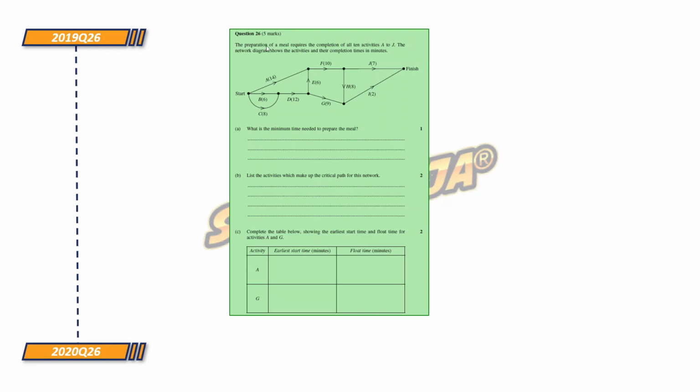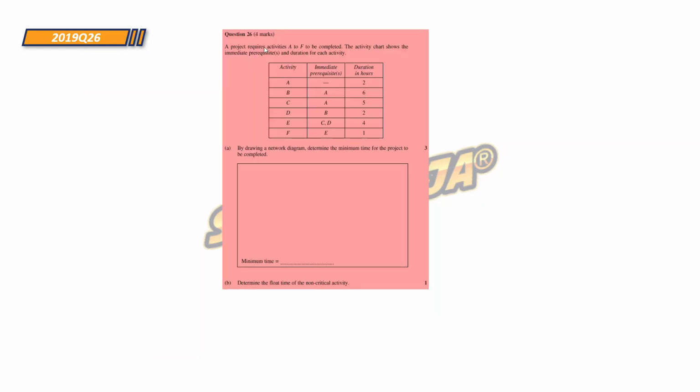So 2020 question 26 had a diagram given to you, and it was asking you to calculate the minimum time needed to prepare the meal, while in 2019 you had a table given to you and you needed to draw the diagram and pretty much answer. If not the same thing, the process would have been the same to answer what the question needed you to answer.